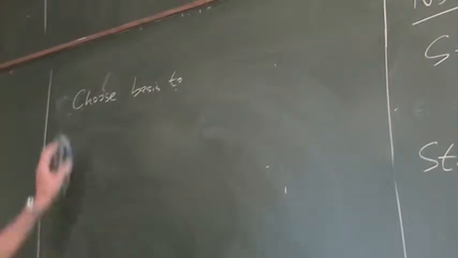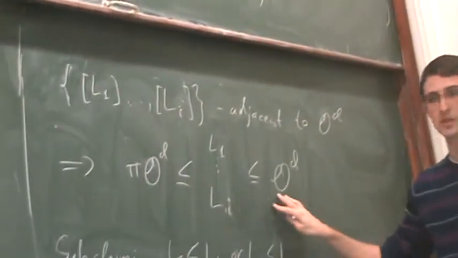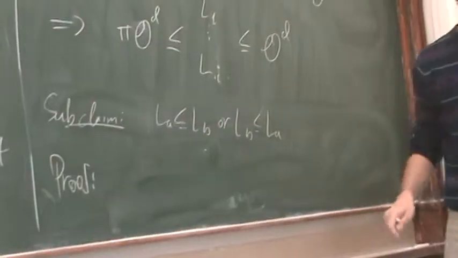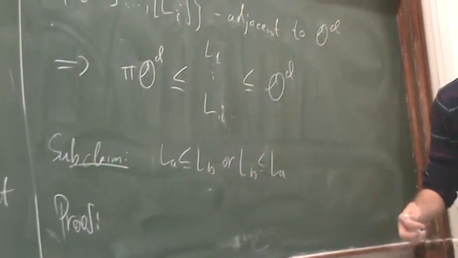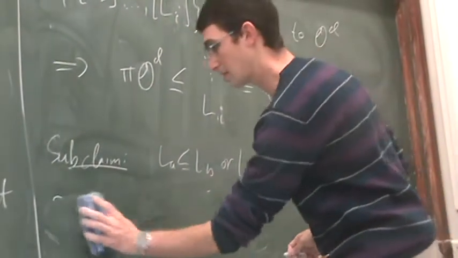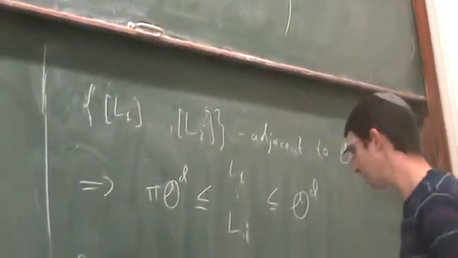Okay, I'm sorry about this point. I need to check it. But the thing is that since all of them are here, they are bounded in between, they form a full flag. Okay, I need to check this. The proof is not so hard anyway. But I owe you this.